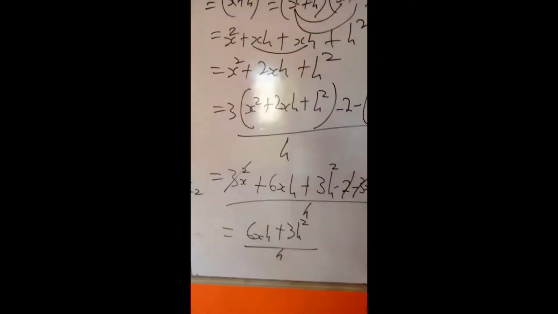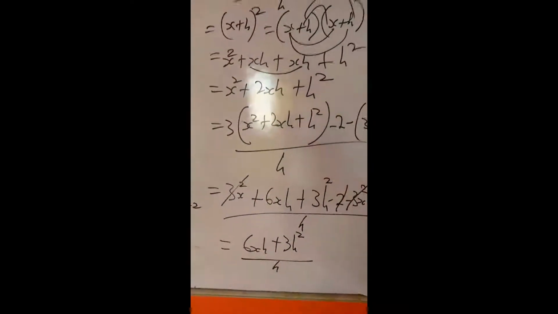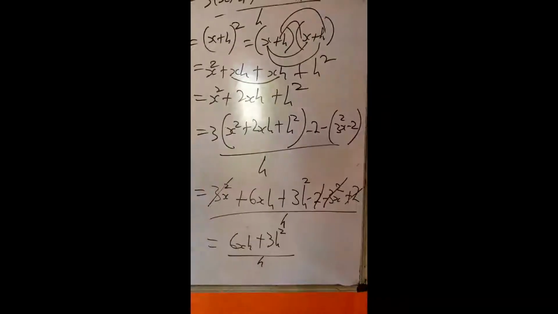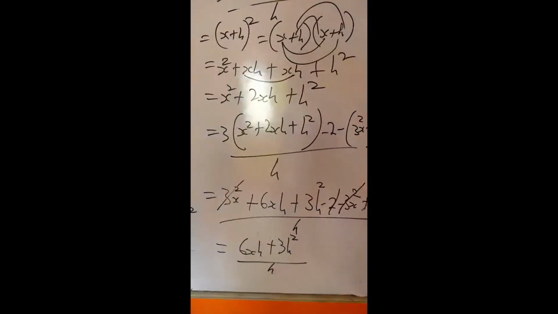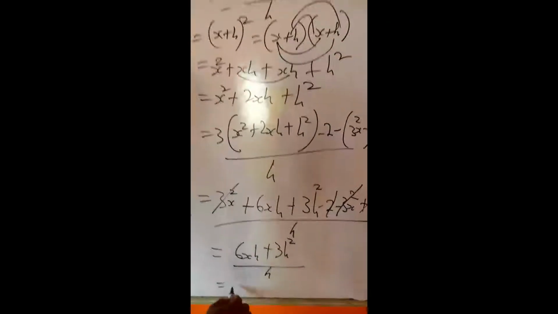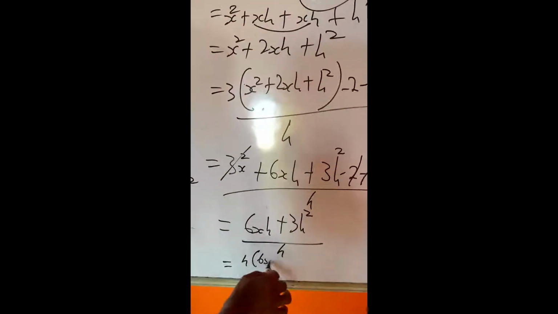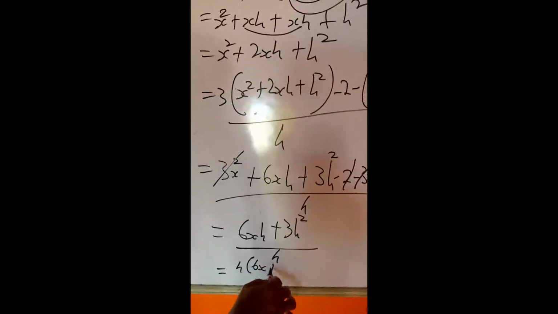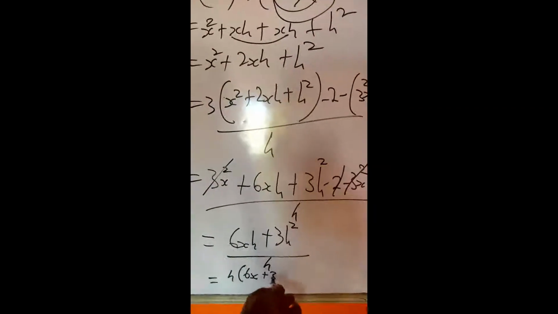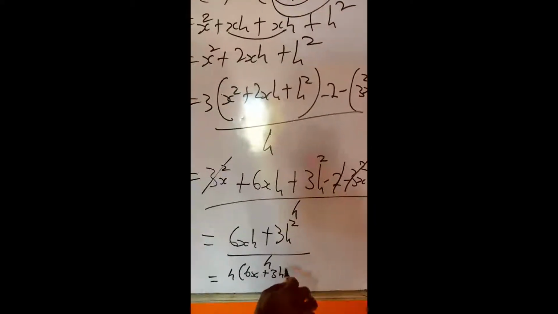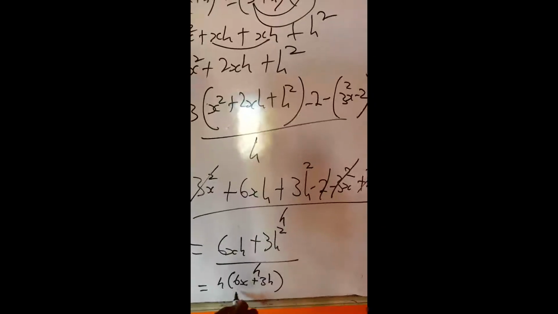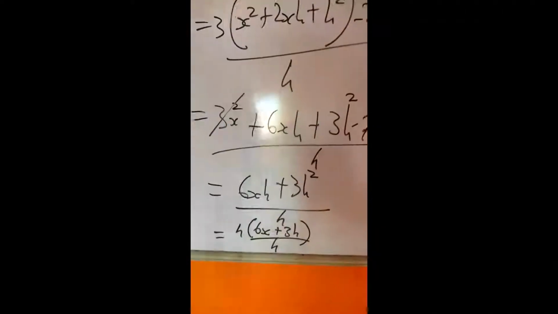So if that is so, we can try to bring out h. What you have now is h into 6x plus 3h, all over what? h.